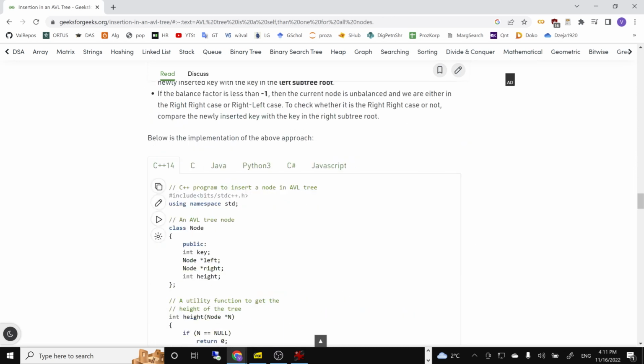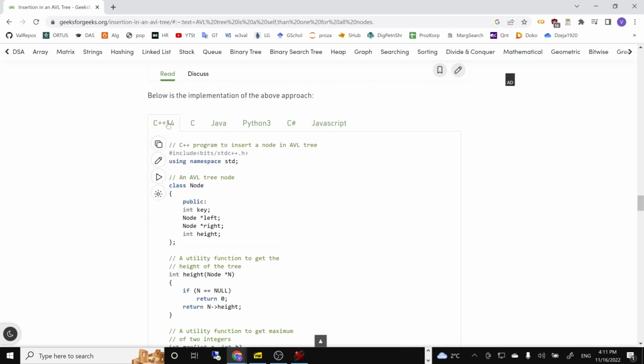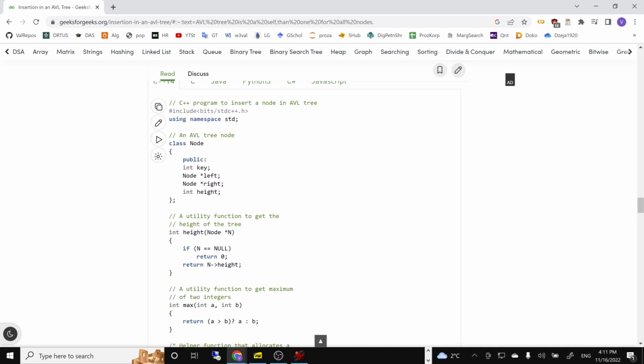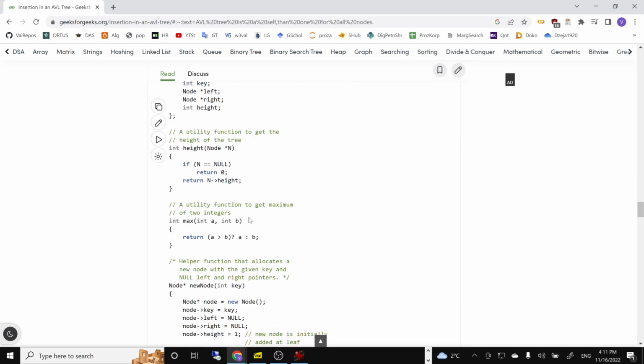There is also C++ code if you're interested. C++14. Remember, if you see this, this is not a standard header. That's why these examples are not to be trusted completely. But you can see how you define the node. There's a key, in this case an integer, left, right, and height. So you store height. Again, we could have used 2 bits here instead of height. There's a utility for height, and a get max if you don't have it.